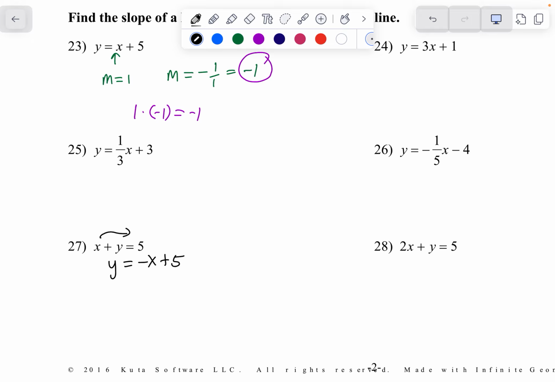So initially, our slope for this one is the coefficient -1. Now that's the slope of what we got. They're asking what slope we are perpendicular to. So you're going to change the sign to a positive and flip it over. And so it would be +1 as an answer. Okay? So that's all you're doing.